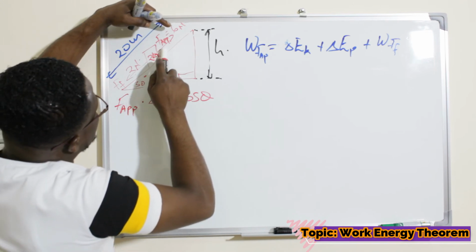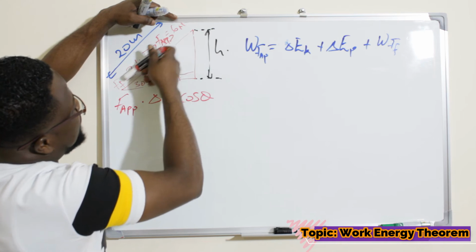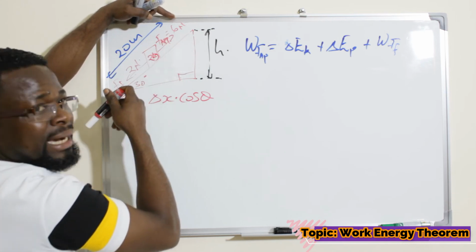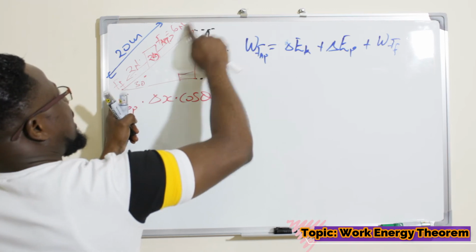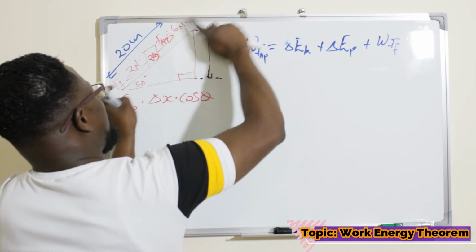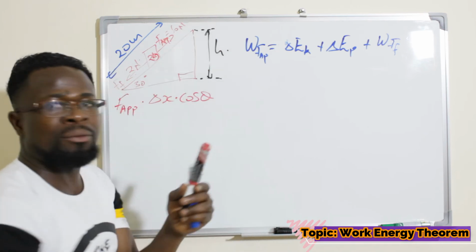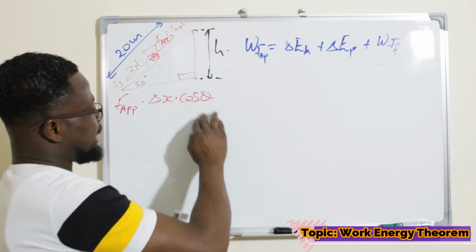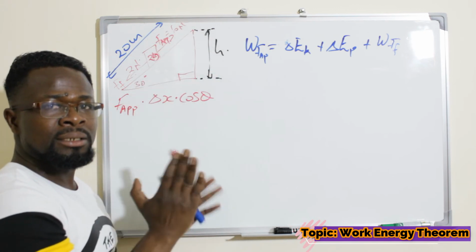The applied force is up the incline, but the object is being displaced down the incline. Therefore, the applied force and the displacement are opposite to each other, creating an angle of 180 degrees. So in this case, our theta is 180 degrees.